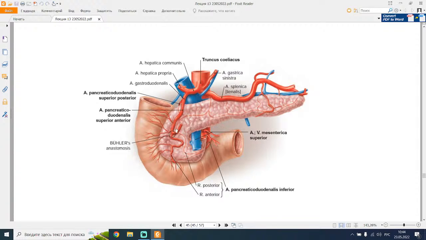It then gives off divided branches, rami posterior and rami anterior. These are branches of the arteria pancreatoduodenalis, superior and inferior.